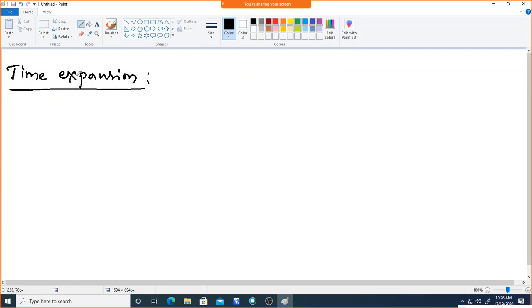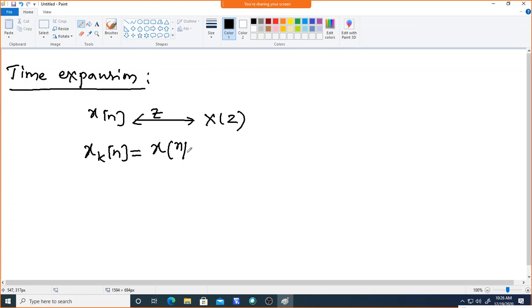The time expansion property says that if we have an x of n signal with corresponding Z transform x of z, and we have the signal x k of n, which we can represent as x of n by k, where we scale the signal in the time domain, then correspondingly we will get x of z power k.